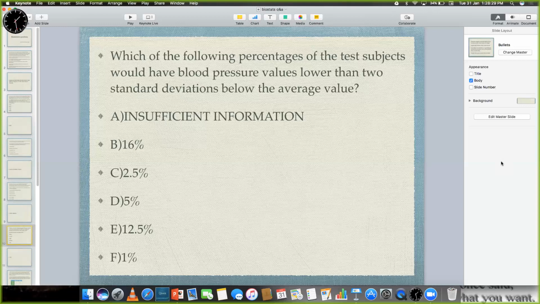Okay? Once again, he's saying that you need to find out how many people have a blood pressure level below 2 standard deviations. So 2 standard deviations constitute 95%. From the mean, you go forwards and backwards and you cover 95%.